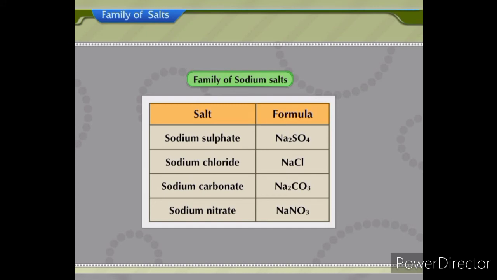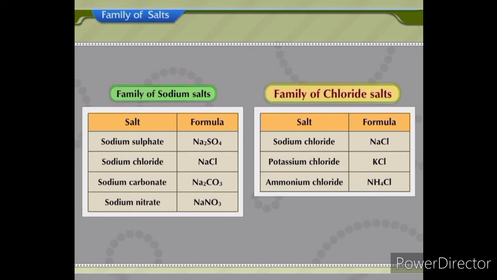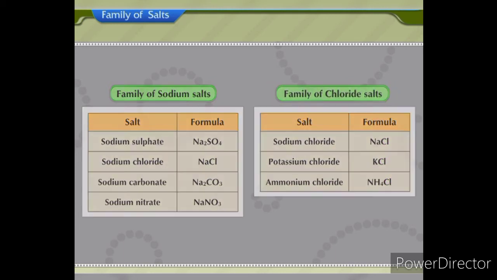They contain the same positively charged ion, sodium ion. Similarly, sodium chloride, potassium chloride, and ammonium chloride contain the same negatively charged chloride ion. Therefore, they belong to the family of the salts called chloride salts.